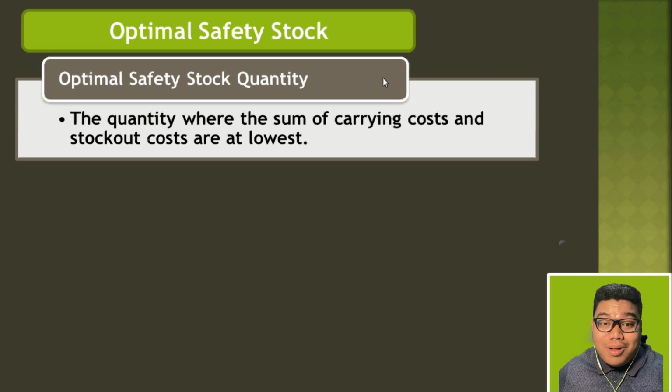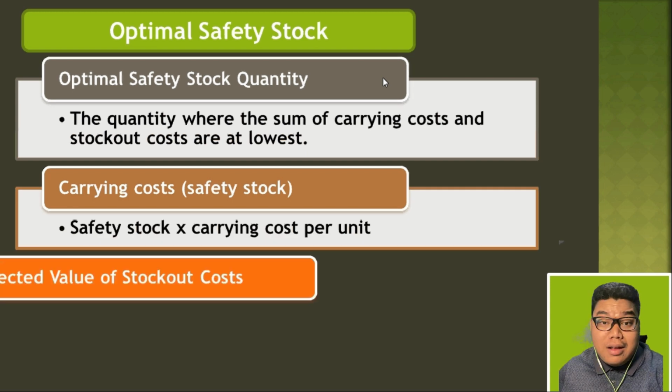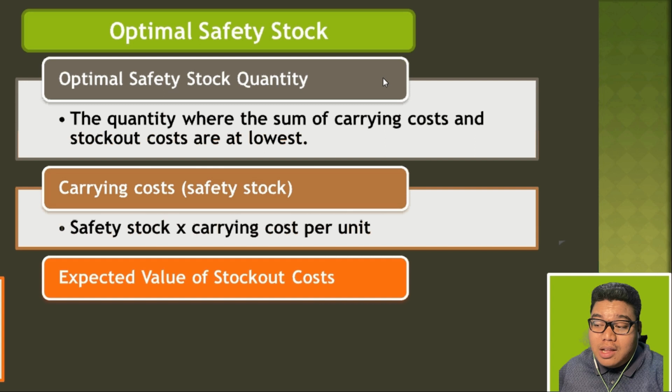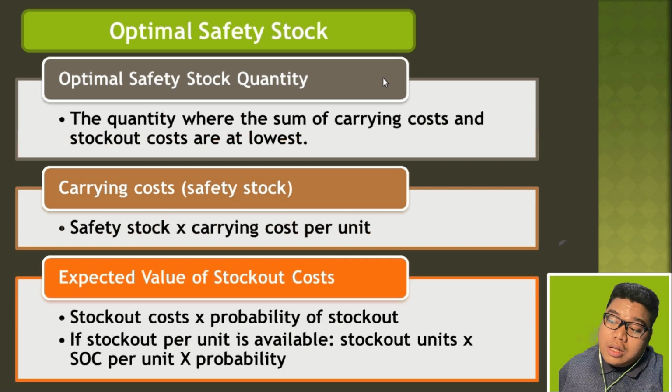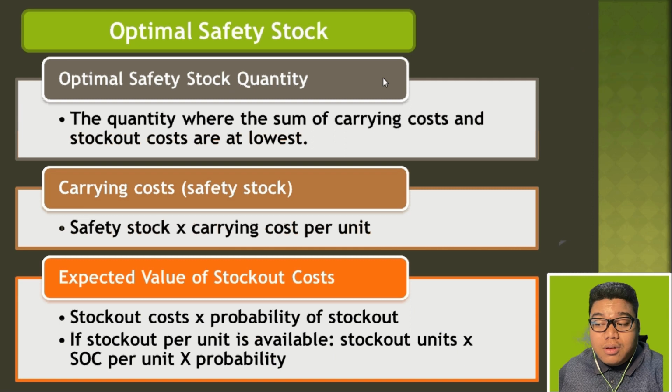But that is not advisable, since carrying cost is the trade-off of that. Carrying costs for safety stock would be the safety stock multiplied by carrying cost per unit, and expected value of the stockout cost would be stockout cost multiplied by the probability of the stockout. So if that is not available, that is stockout units multiplied by stockout cost per unit multiplied by the probability.